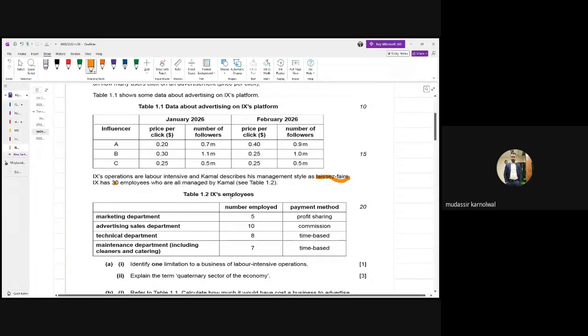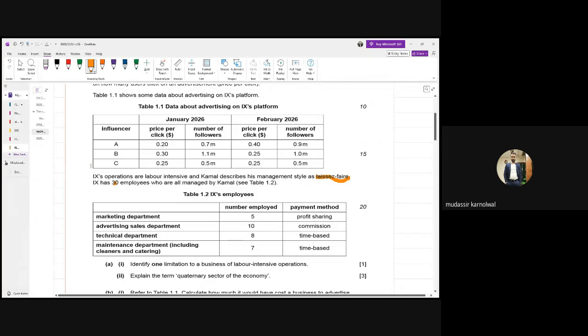Table 1.2, IX employees. Marketing department has 5 people. Payment method is profit sharing. Advertising sales department has 10 people. Payment method is commission. Technical department has 8 people. Payment method is time rate. Maintenance department, including the cleaners and the catering, has 7 employees, and again their payment method is time based.